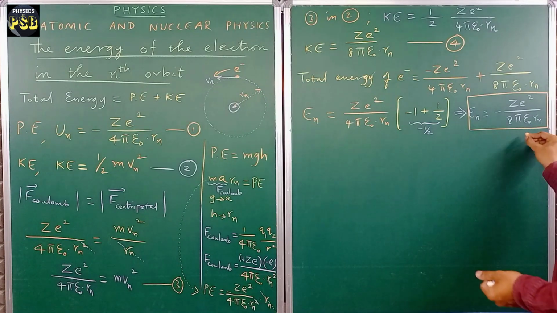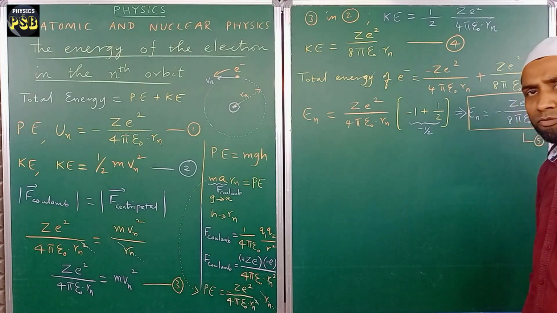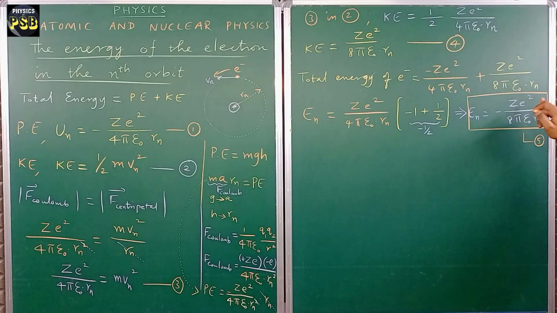I take this as equation number 5. Now in equation number 5, if I substitute the value of π and ε₀, then the value of En obtained is something like that.